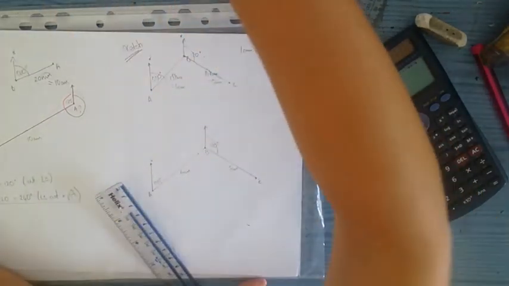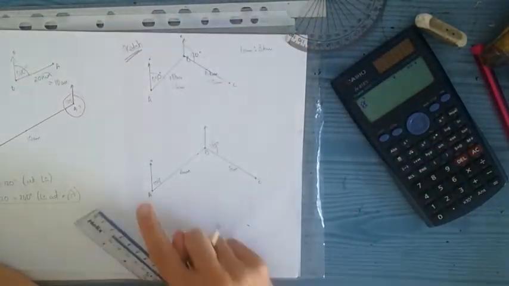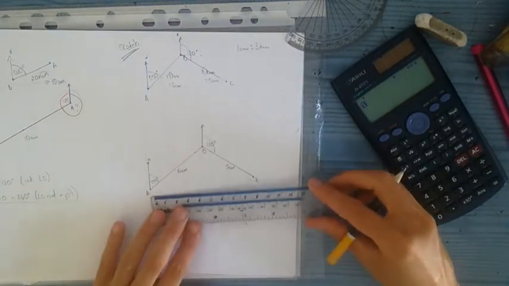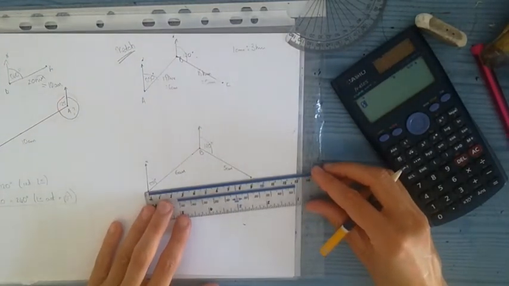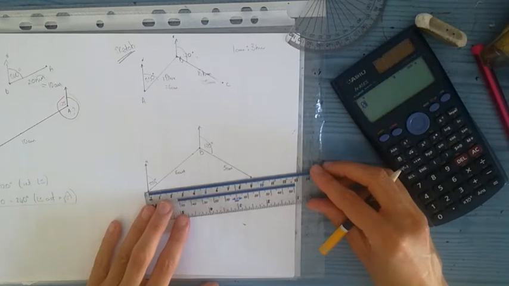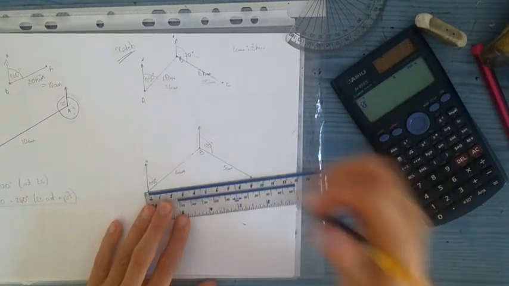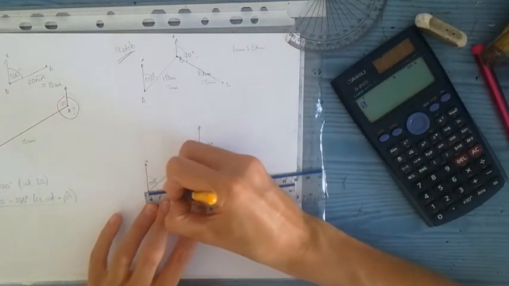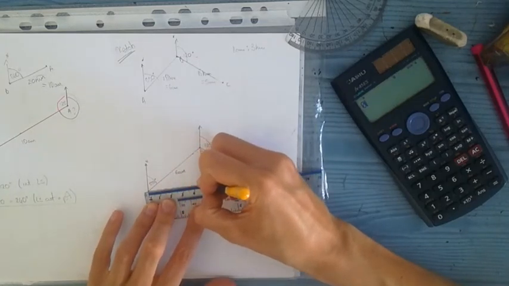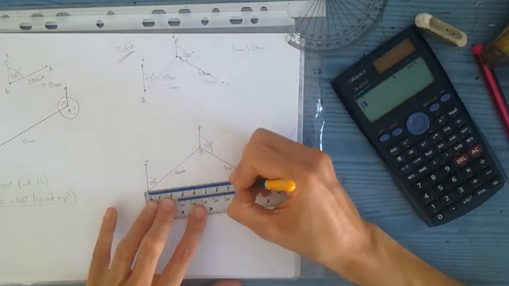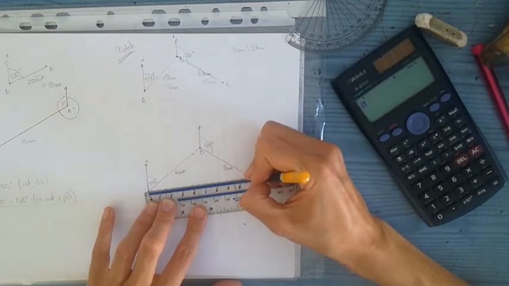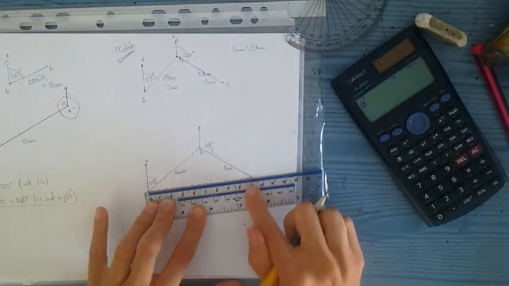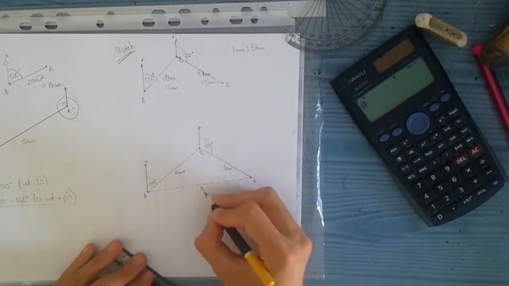Now, it's asking me to find the actual distance between A and C. So if I have to find the actual distance, I need to use the ruler because it's a length. I need to mark using dashed lines the distance I'm calculating. And when I'm using my ruler, I am measuring it as 9 centimeters.